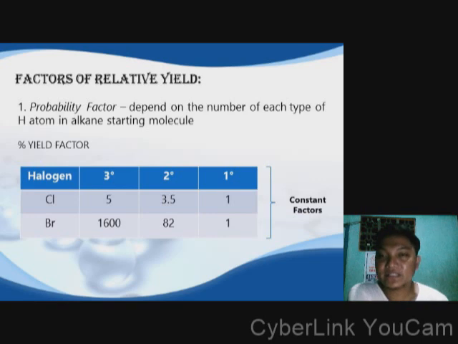For chlorine, tertiary is 5, secondary is 3.5, and primary is 1. For bromine, tertiary has a percent yield factor of 1,600, secondary is 82, and primary is 1.